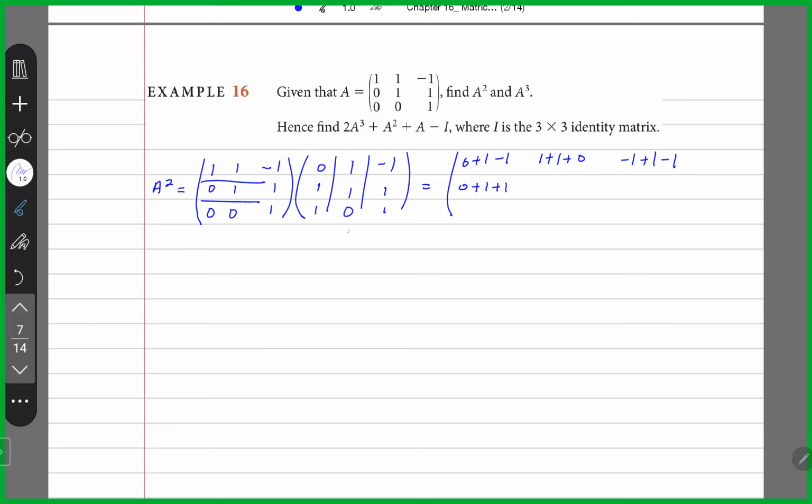Middle row, middle column, 0, 1, 0. Middle row, right column, 0, 1, 1. Bottom row, left column, 0, 0, 1. Bottom row, middle column, 0, 0, 0. Bottom row, right column, 0, 0, 1.